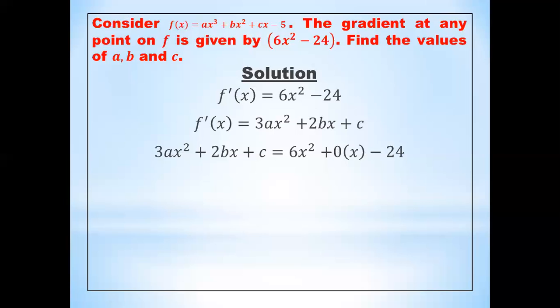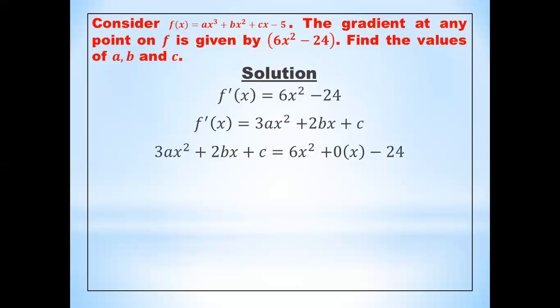That is why, whilst I was writing the 6x squared minus 24 here, I inserted bx here. Since the bx was not existing, it means the value of b is 0, that multiplies x to be 0. So take a look at this. 3ax squared plus 2bx plus c is in the form of a quadratic equation, because when you derive a cubic function, what you get is a quadratic function.